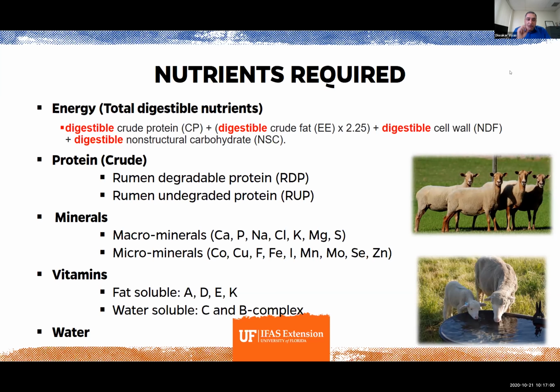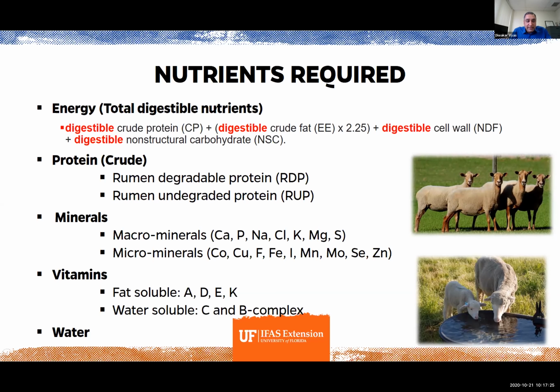But every animal has some nutrient requirements, starting with energy. In this presentation, the energy will be presented as total digestible nutrients, or TDN. Now, when we talk about TDN, this is the formula here. I hope you can see my cursor so that I can move to the point which I'm discussing.